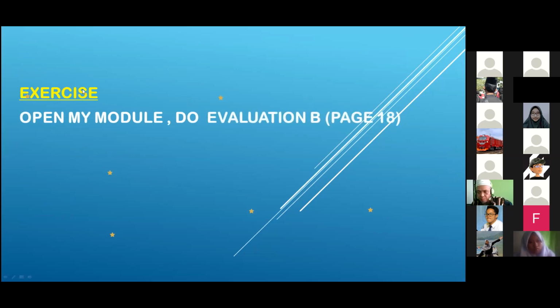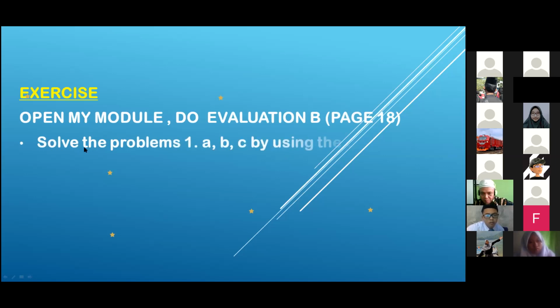Exercise for you. Open my model and do evaluation B. You can find it on page 18. Solve the problems 1A, 1B, 1C by using the concept of the step.